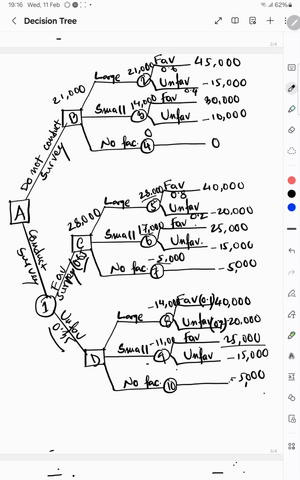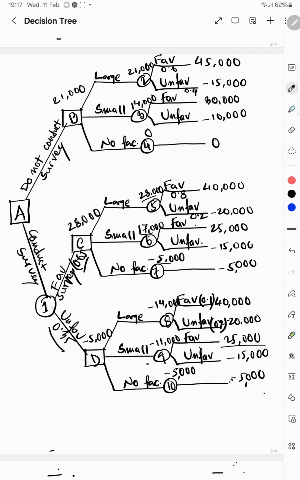And finally, this one will give us minus 5,000. So we have minus 14, minus 11, and minus 5. As we did before, we have to choose the best option in here because these are the square boxes. The best option here is minus 5,000, that is the lowest loss in here.